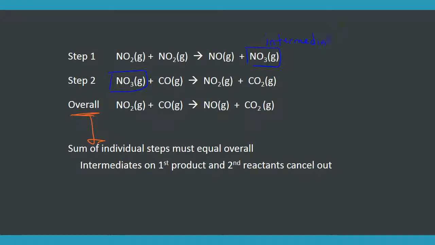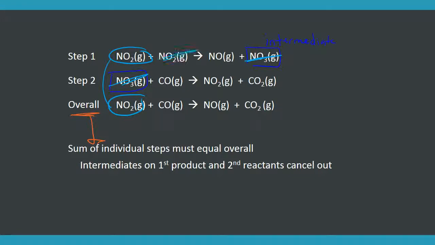It was made to help make the final products. So we identified our intermediate, and it should cancel out, which it does. Now we need to make sure everything else cancels out or equals our overall reaction. We know we have to have one NO2 in the overall reaction.